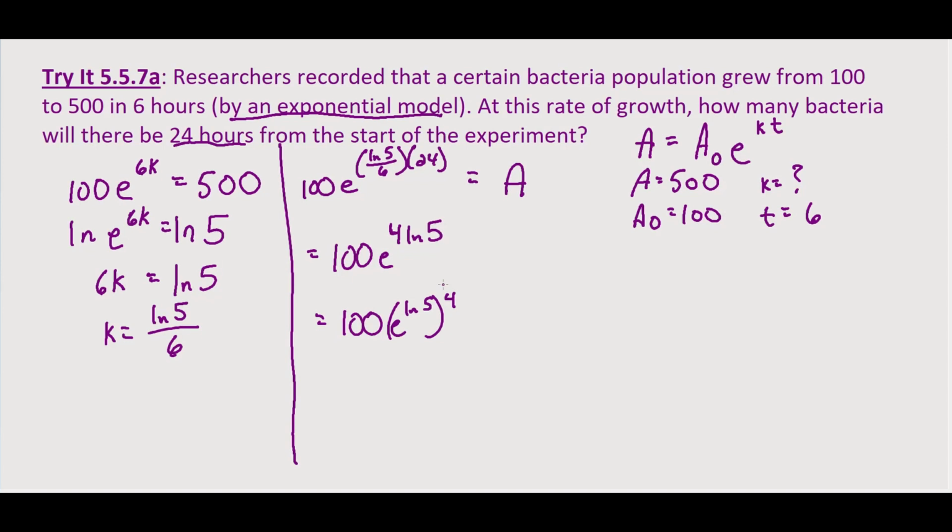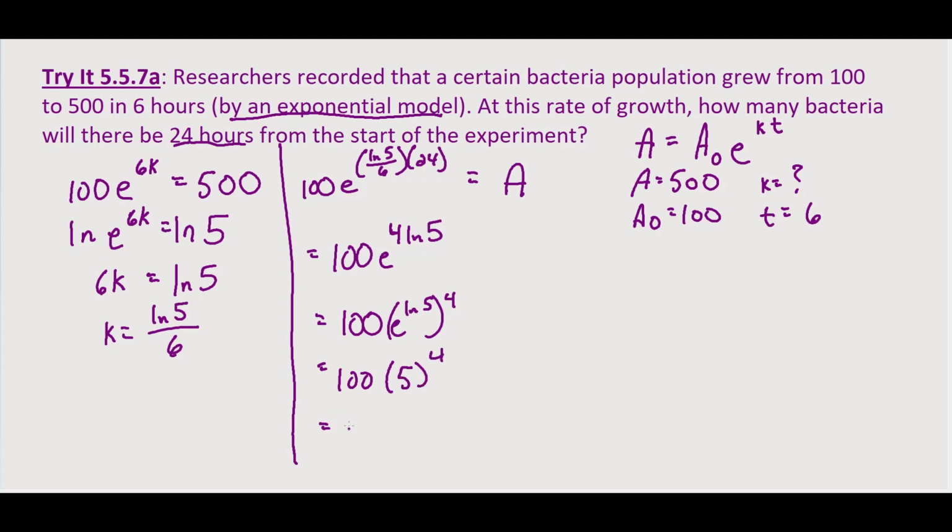We're actually not using the power property, I'm just moving where that exponent is. We're taking an exponent to an exponent when we multiply, so I'm taking the 4 outside for the product, 4 ln of 5, and that's because e to the ln of 5, or e to log base e of 5, we know is just 5, so this ends up being 100 times 5 to the 4th.